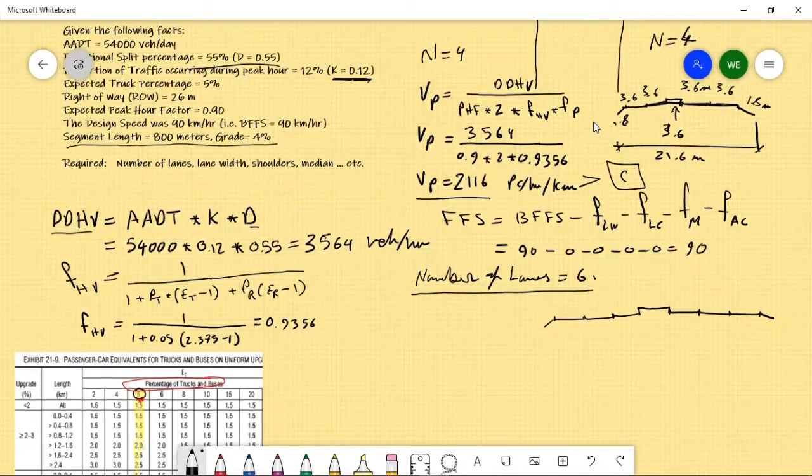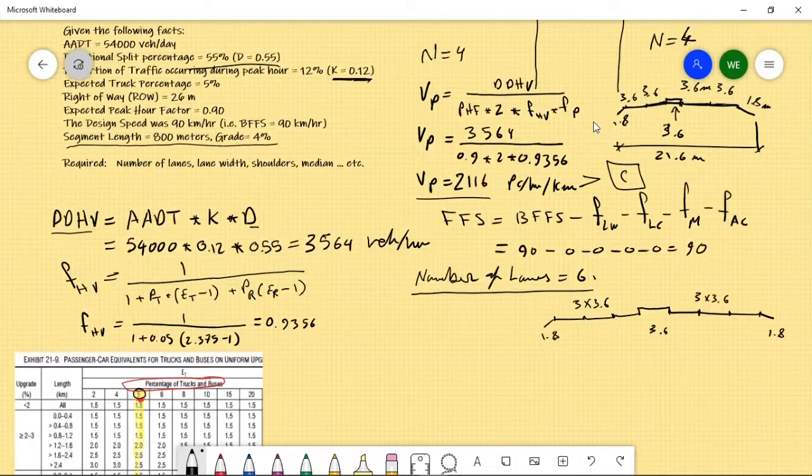So this is 1.8 shoulder, this is 3.6 median and 1.8 shoulder. And here we have 3 multiply 3.6 lanes and 3 multiply 3.6.